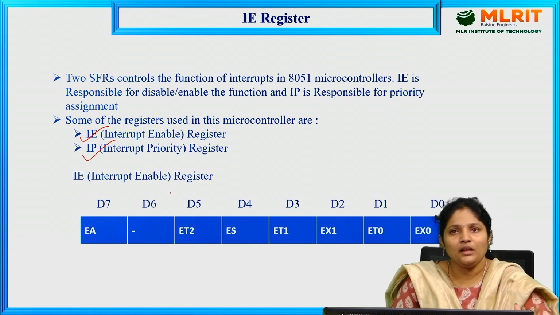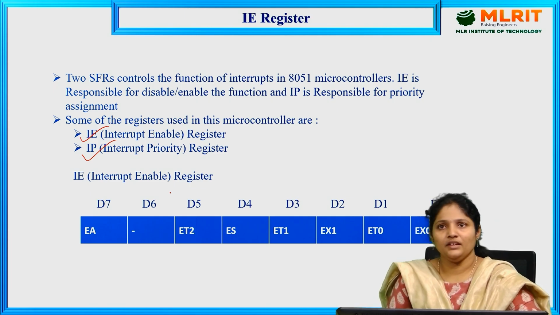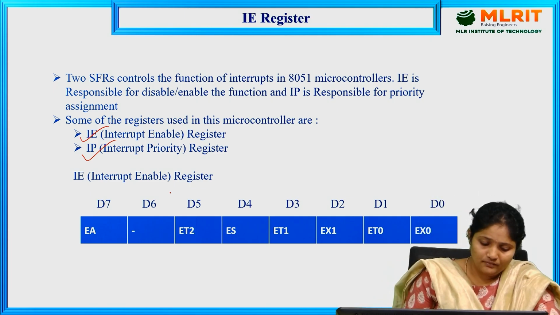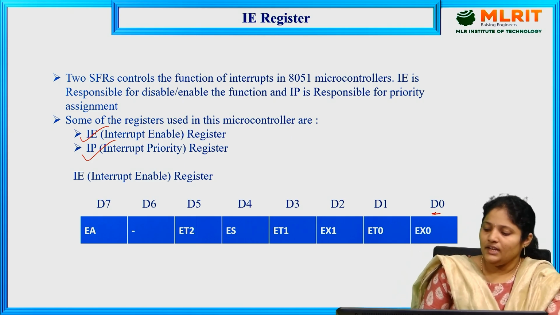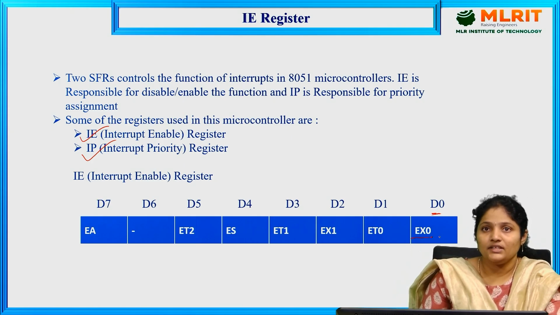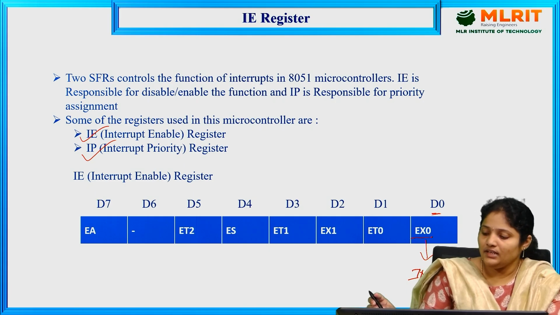The interrupt enable register is an 8-bit register, and here the first bit D0 is EX0. It is external interrupt 0, INT0.